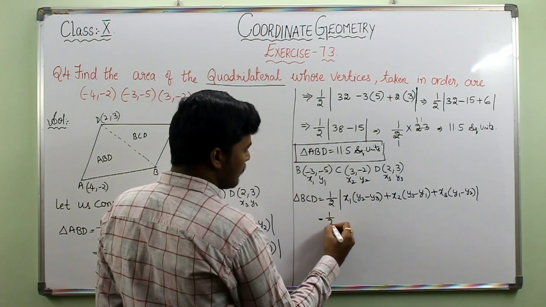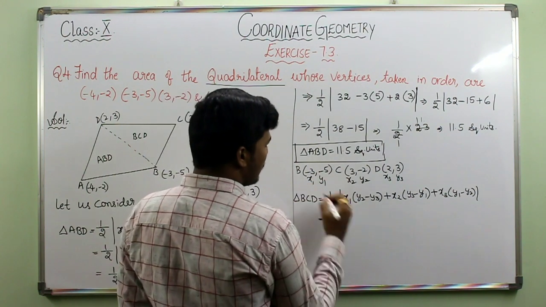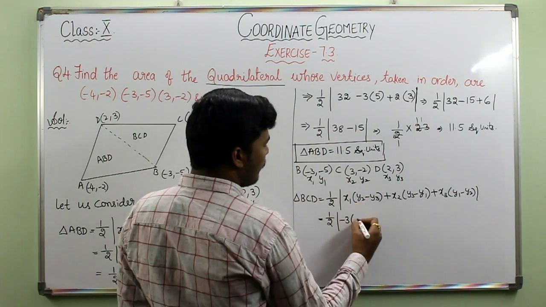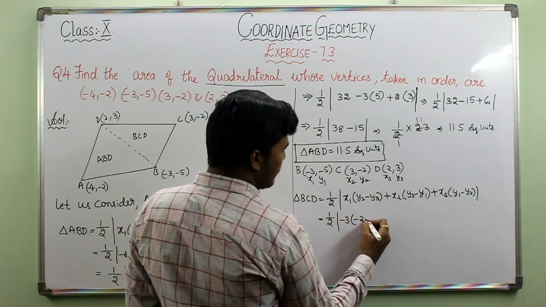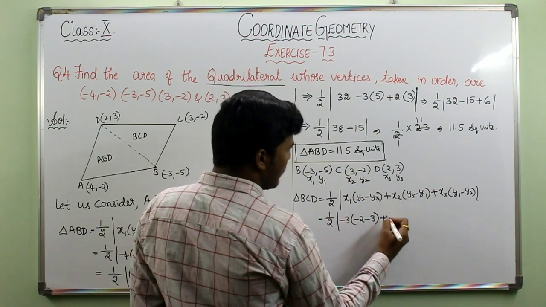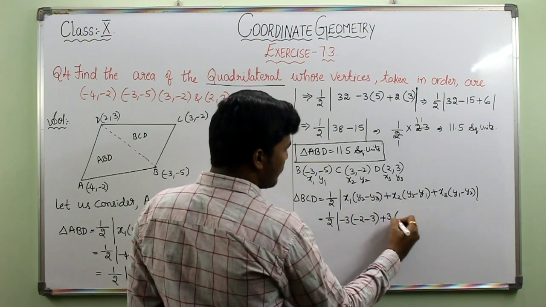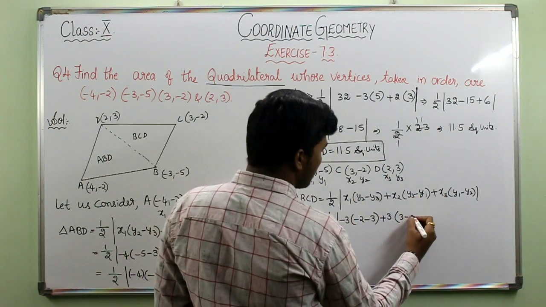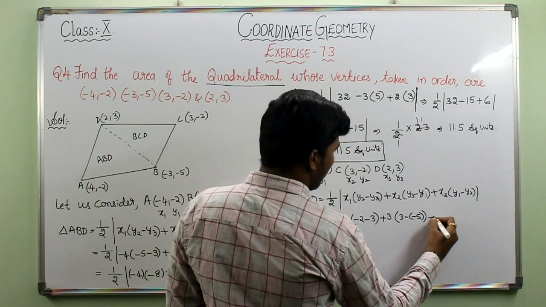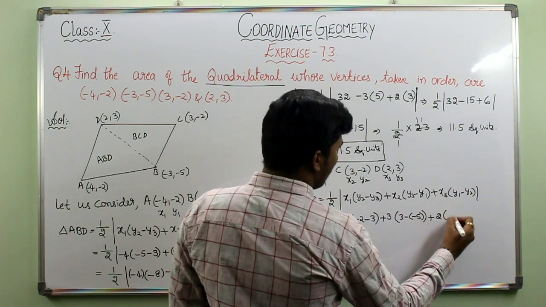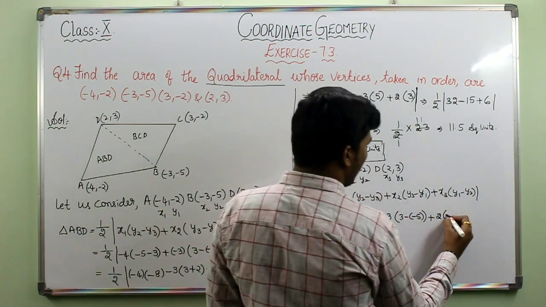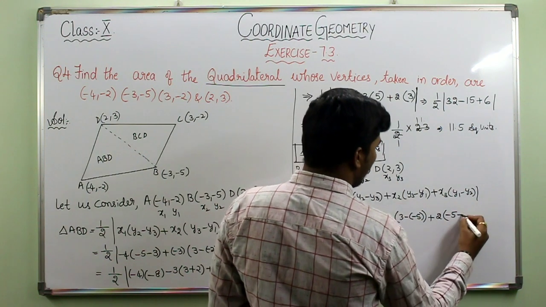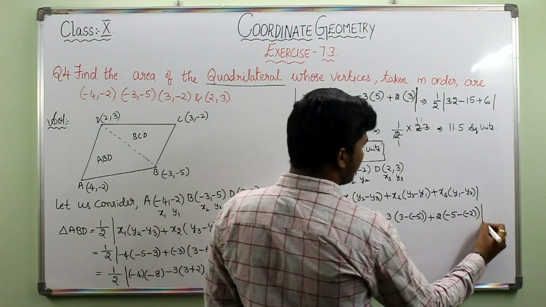This implies 1 by 2 times of x1 is -3 into (y2 is -2 minus y3 is 3) plus x2 is 3 into (y3 is 3 minus of -5) plus x3 is 2 into (y1 will be -5 and y2 will be minus of -2).